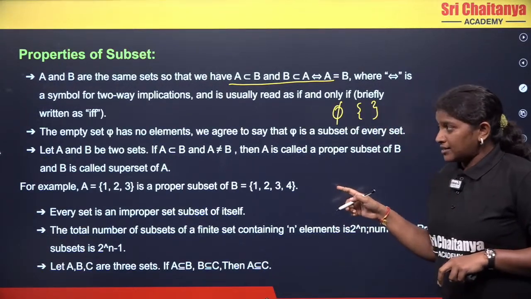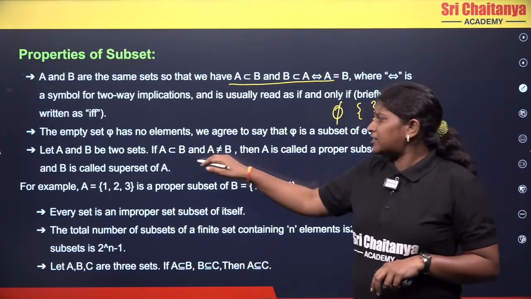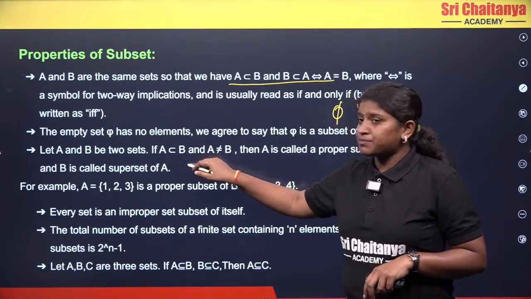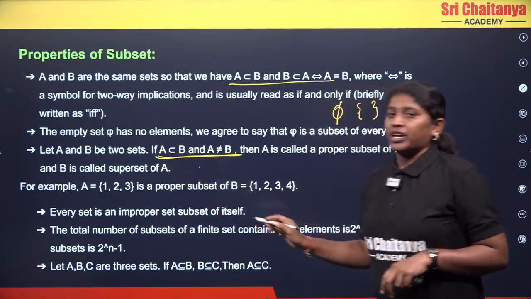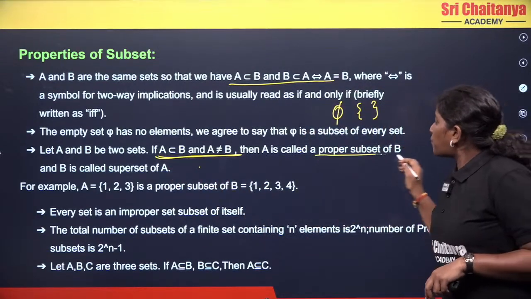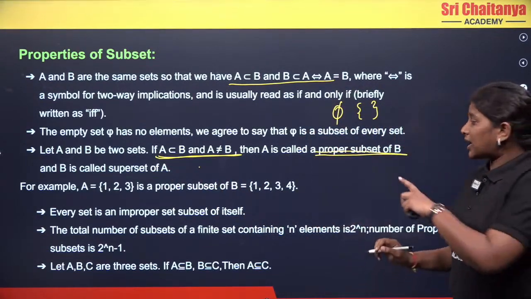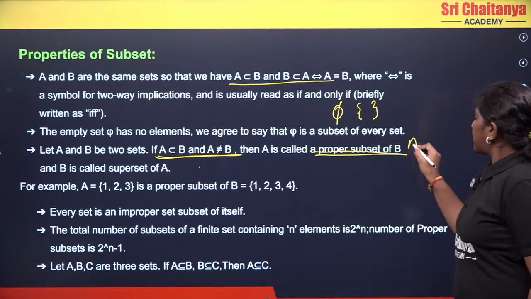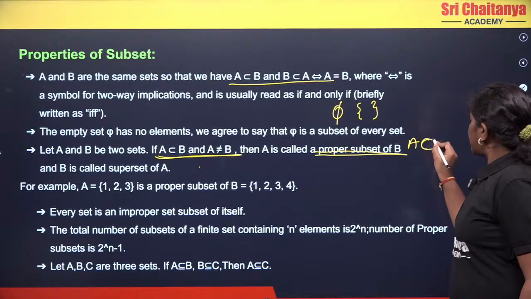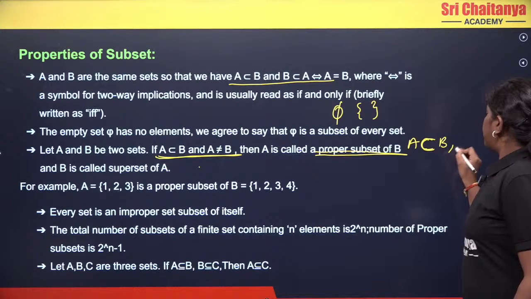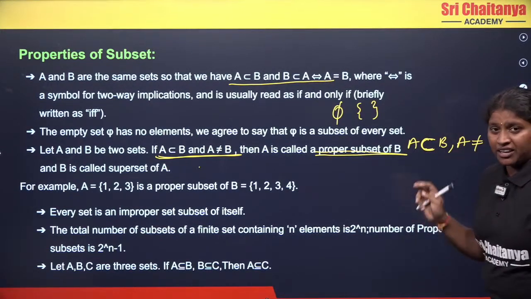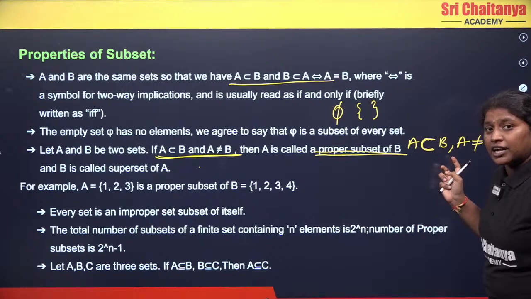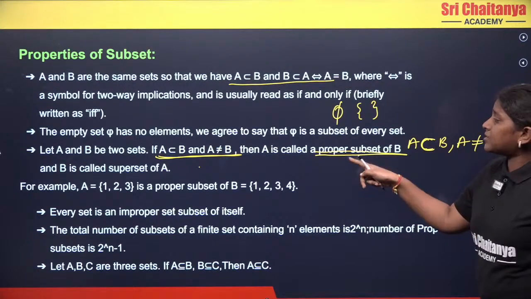Now moving to the next, if A and B are two sets and A is the subset of B and A is not equal to B, then we are going to call it the proper subset. So the condition for proper subset is A should be a subset of B, but A should not be equal to B. If this condition is satisfied, then it is the proper subset.